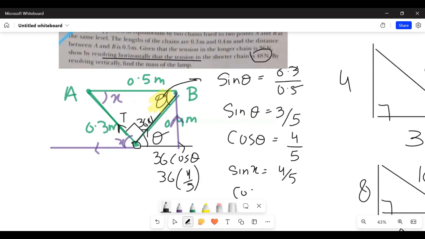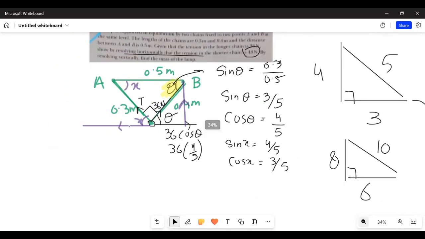Similarly, cos x is 0.3 over 0.5. That means 3/5. So I did not find the actual thetas by taking sine inverse or cos inverse, or the actual x by taking sine inverse or cos inverse. Instead, I'm going to use the exact fractional value of cos theta or sine theta.